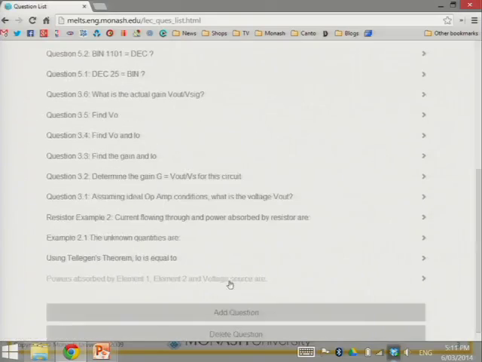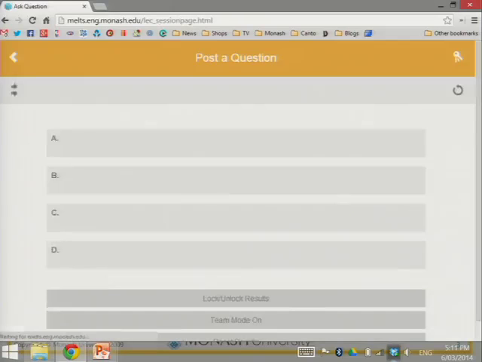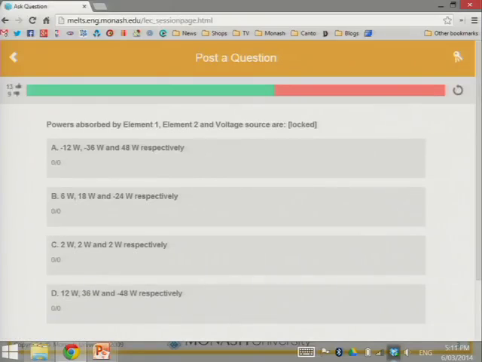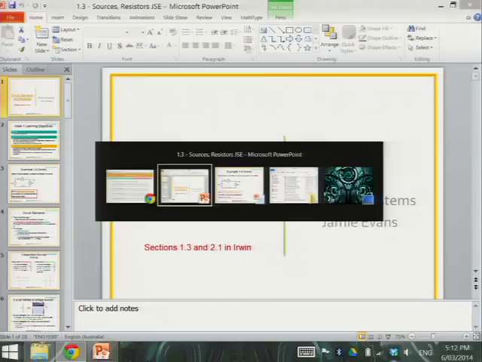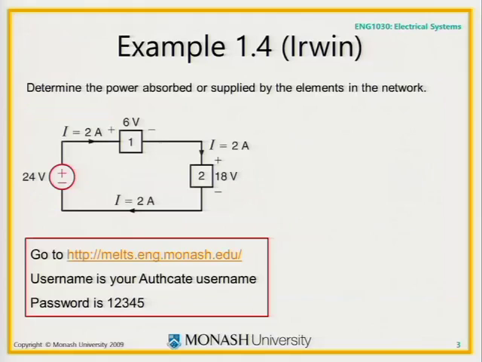All right, question today. Have a go. What is the power absorbed or supplied by the elements in the network? Remember, we talked about the passive sign convention yesterday. Did we talk about this yesterday?